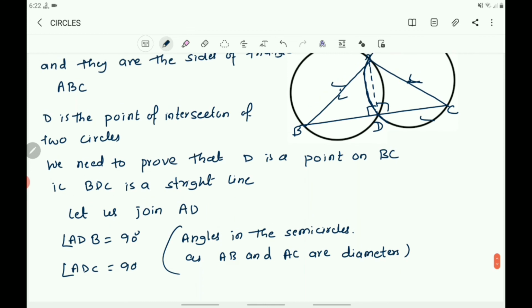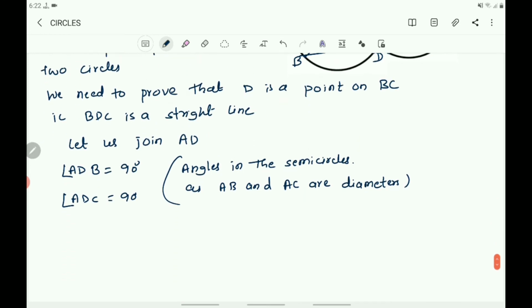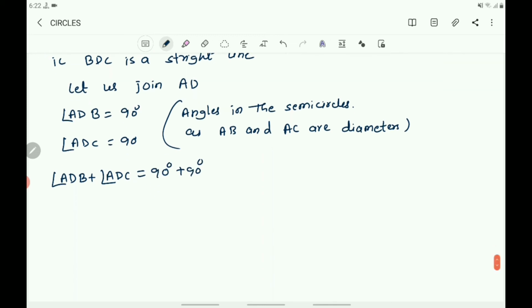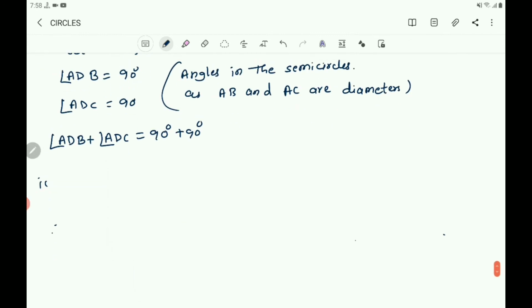Then the sum of these two angles, angle ADB plus angle ADC, that is 90 plus 90. So ADB plus ADC, you will get BDC, that is angle BDC equals 180 degree. So BDC becomes a straight line.